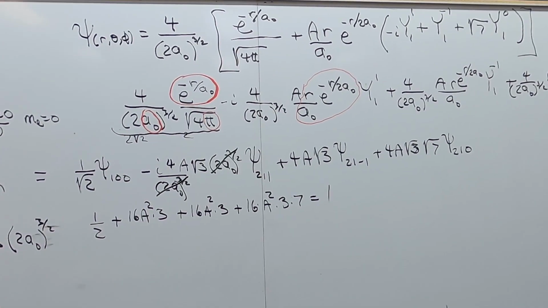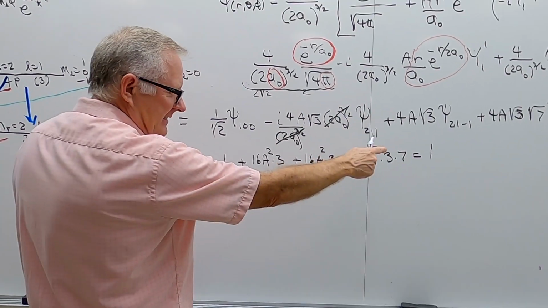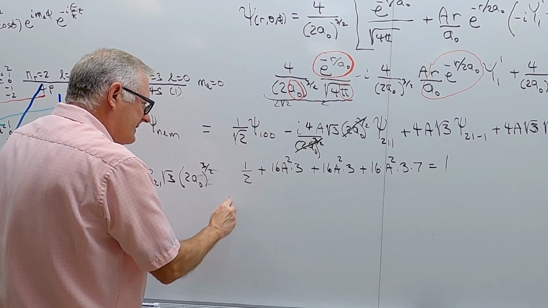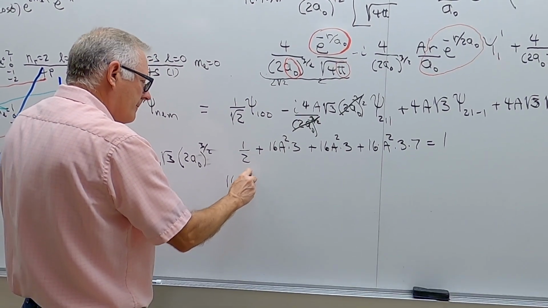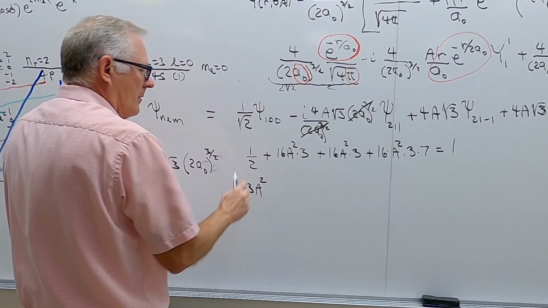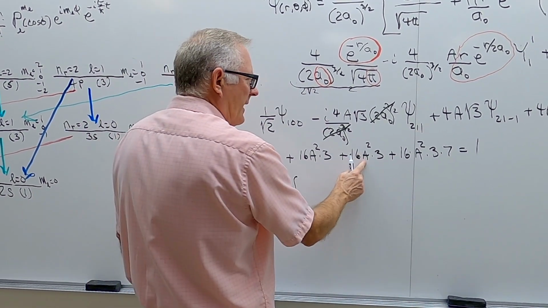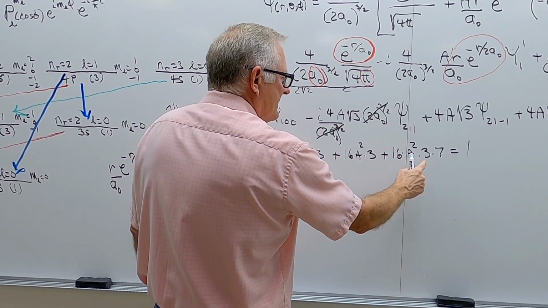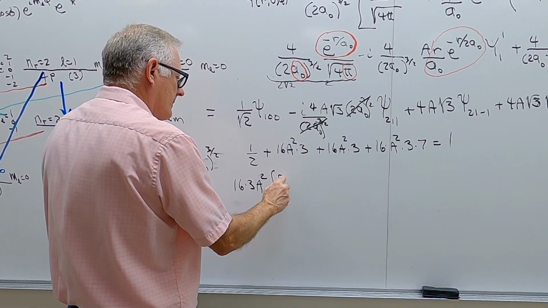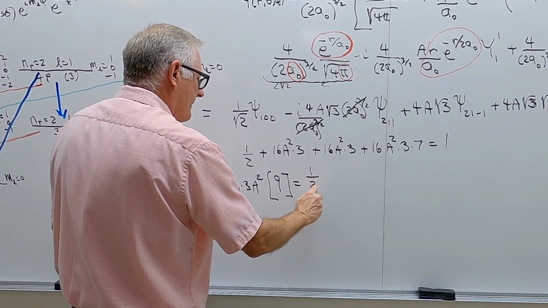Okay, so we can get our a out of this. I'll bring the half over to that side. We'll just make that a half. Out of this term, I'll factor out the 16 times 3, a squared. Okay, and I'm left with 1 plus 1 plus 7. That's just 9. And that equals 1/2.